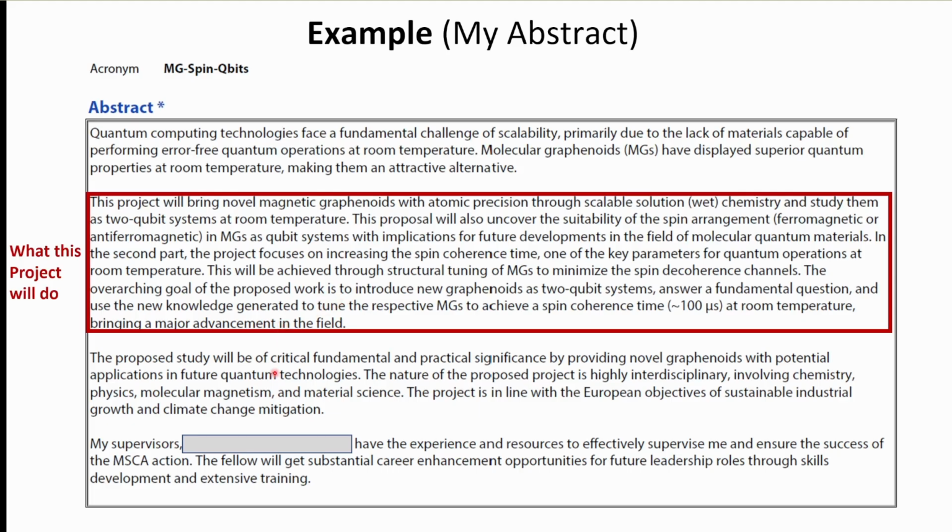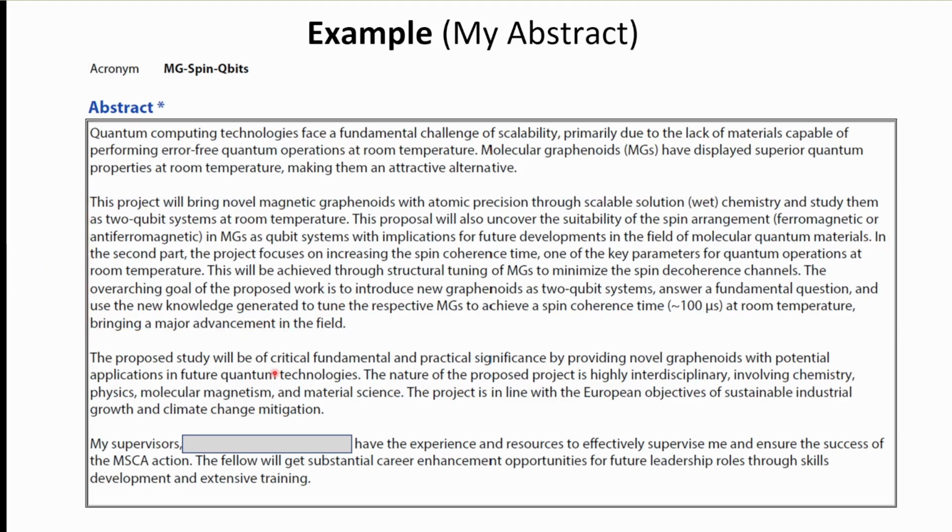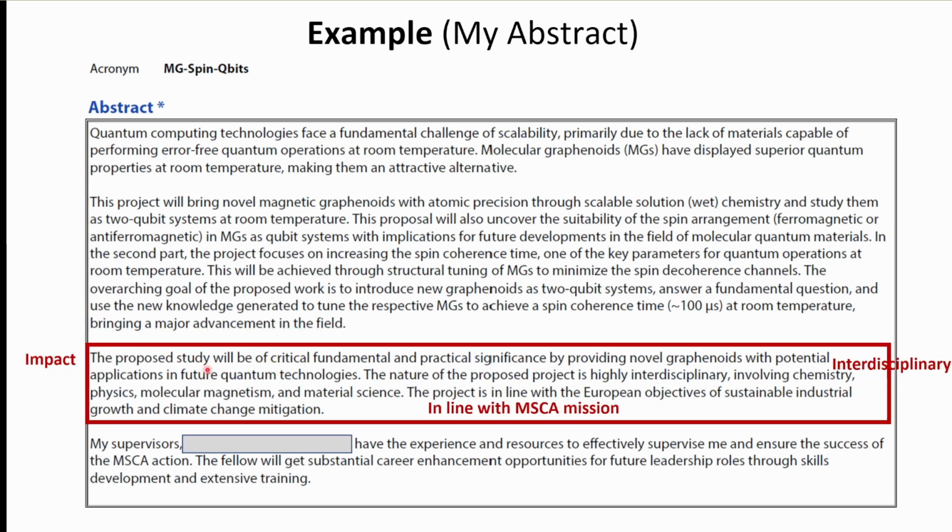And then in the third paragraph, I wrote the big picture impact of my research or the proposal. I said it will have critical, fundamental, and practical significance by providing a novel magnetic material based on carbon, and this will be useful for future quantum technologies. And then I mentioned that this project is interdisciplinary because it involves chemistry, physics, molecular magnetism, and material science.